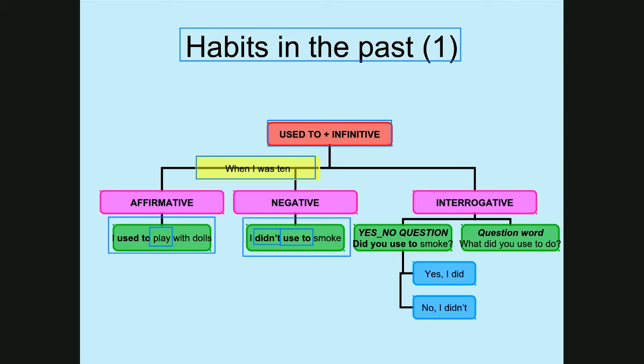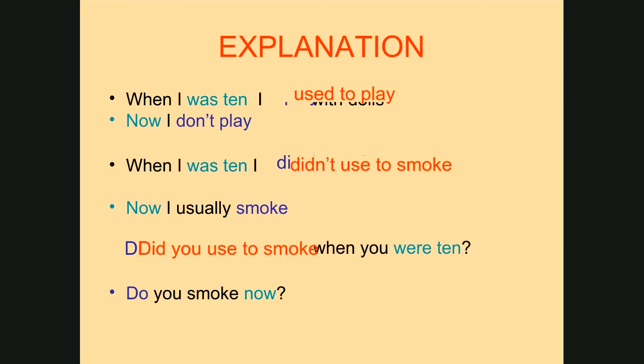And for the interrogative, remember you can have a yes/no question or a question word, which is the WH. Yes/no question: Did you used to smoke? You can say in a short way, yes I did or no I didn't. And the information question: what do you used to do? With the auxiliary did, because this is past. Let's observe. When I was 10, I used to play.